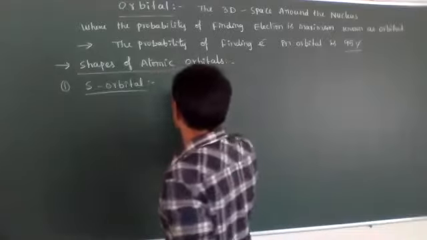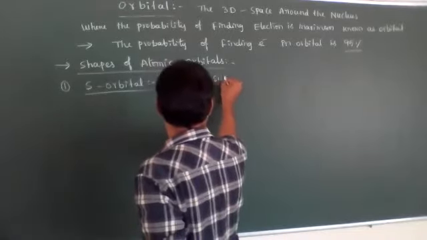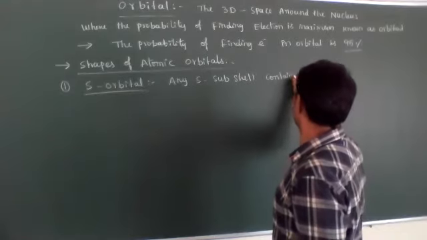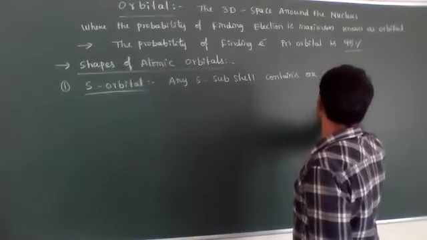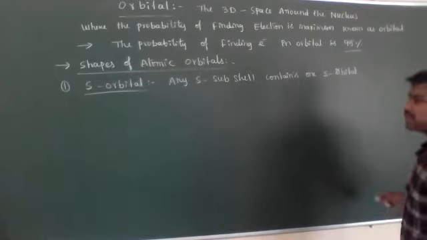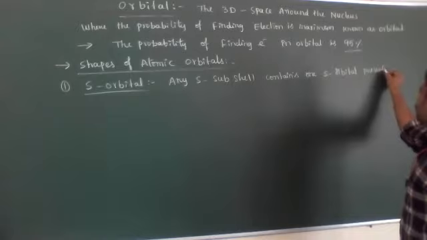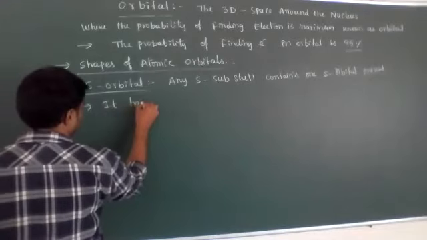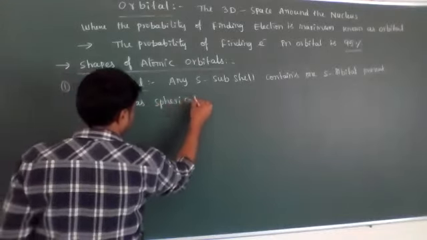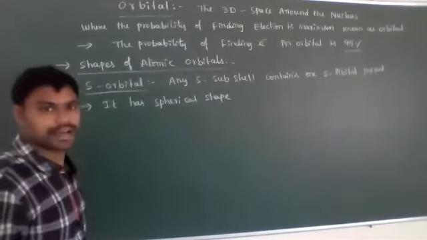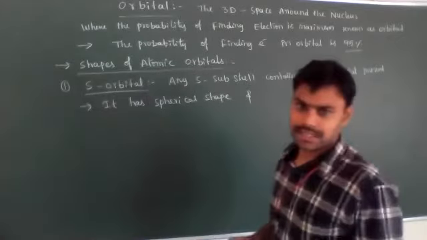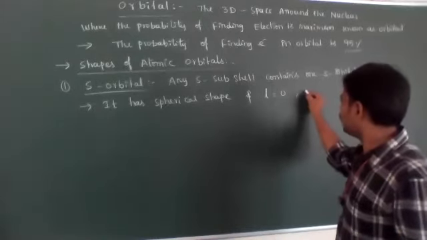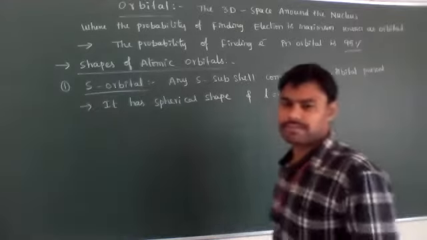Any s subshell contains one s orbital. So s orbital has a spherical shape, and the quantum numbers: azimuthal quantum number l is equal to 0 and magnetic quantum number m is equal to 0.